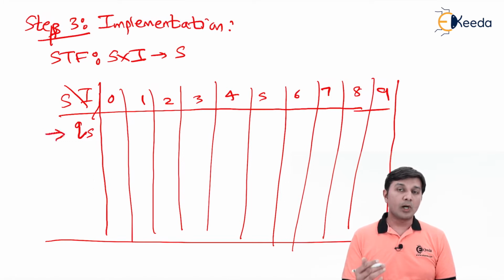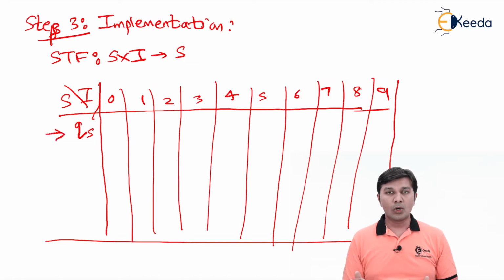Now, coming on to what are the different other types of states that it can encounter. When I talk of a number which is going to be divisible by 3, how can we categorize the number into different categories? For example, if I want to know whether a number is divisible by 3, let us take a very simple example.